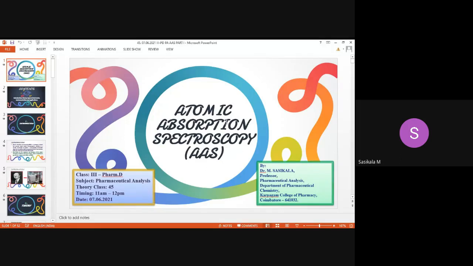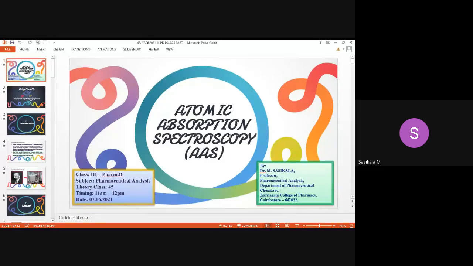So absorption of electromagnetic radiation. What will be the electromagnetic radiation for atomic absorption? It is UV visible radiation only. So absorption of UV visible radiation takes place at atomic level. In UV visible spectroscopy, the same UV visible radiation is passed through the whole molecule, right?